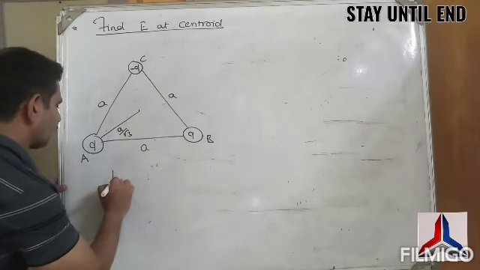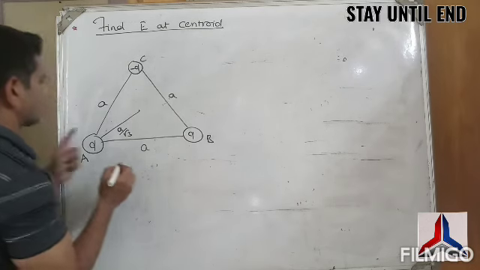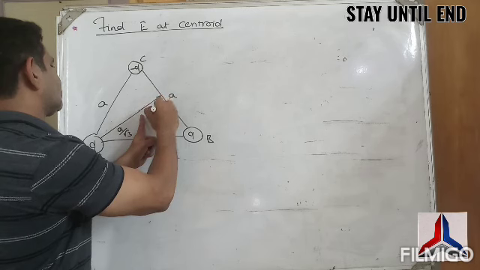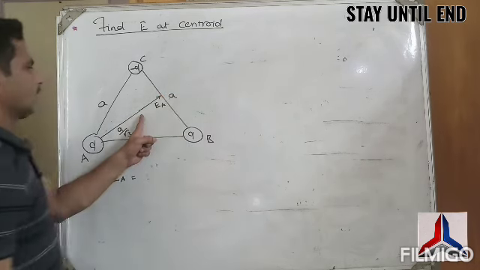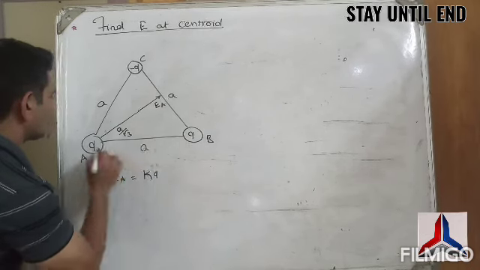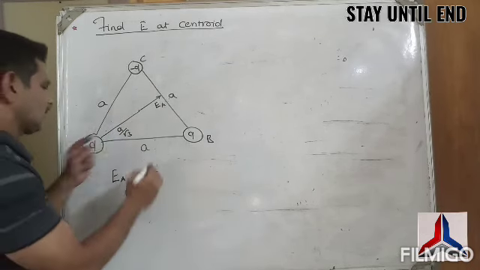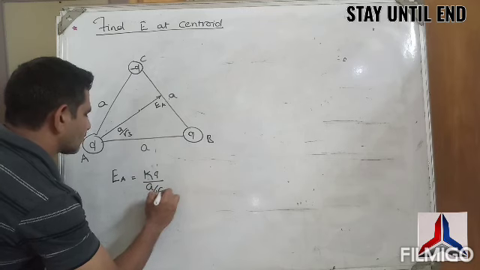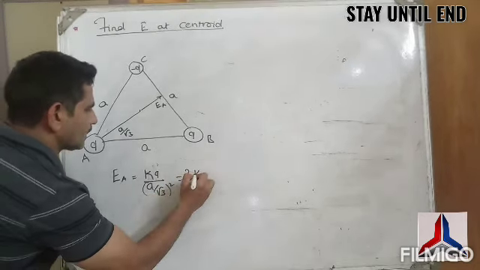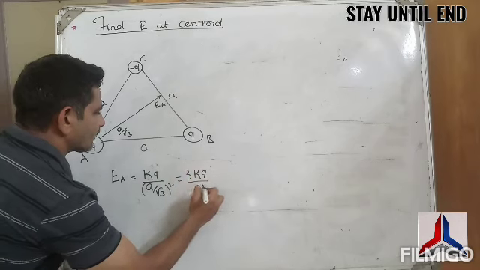Therefore, what is the value of the electric field intensity created by A? Let us call it EA. That value is KQ by (a by root 3) whole square, which is 3KQ by a square.